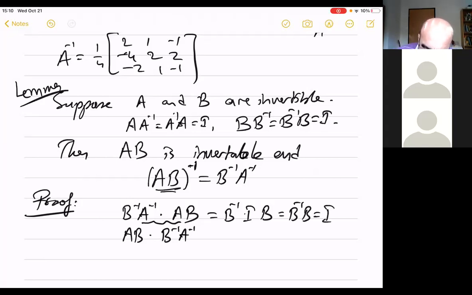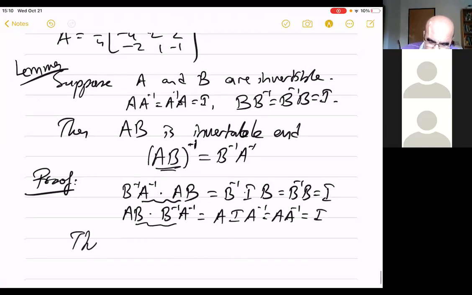Also, when you multiply from the other side, it is A times B inverse times B is identity times A inverse, which is A times A inverse, which is identity. So therefore, A times B is invertible because it has an inverse, and its inverse is the matrix we have here.